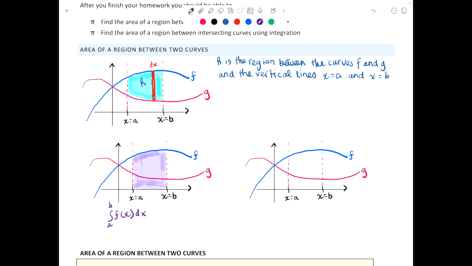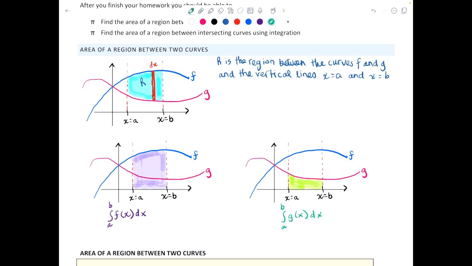And then if you were to take a look over here at the region under g, do you see that the region we made just to the left, the purple region minus the green region, is going to be the blue region that we desire? And so this region is going to be the integral from a to b of g at x dx.